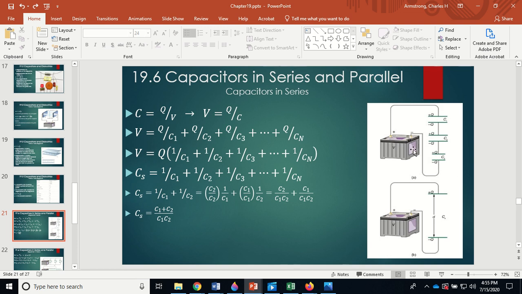Now here's what happens. The battery is going to take charge off of this plate right here and move it down to this plate. When it took charge off of this plate, it made this plate positive. So let's say it made it plus 5 coulombs. This guy is not going to stay 0. We're going to have electrons flow up there and make this minus 5 coulombs.